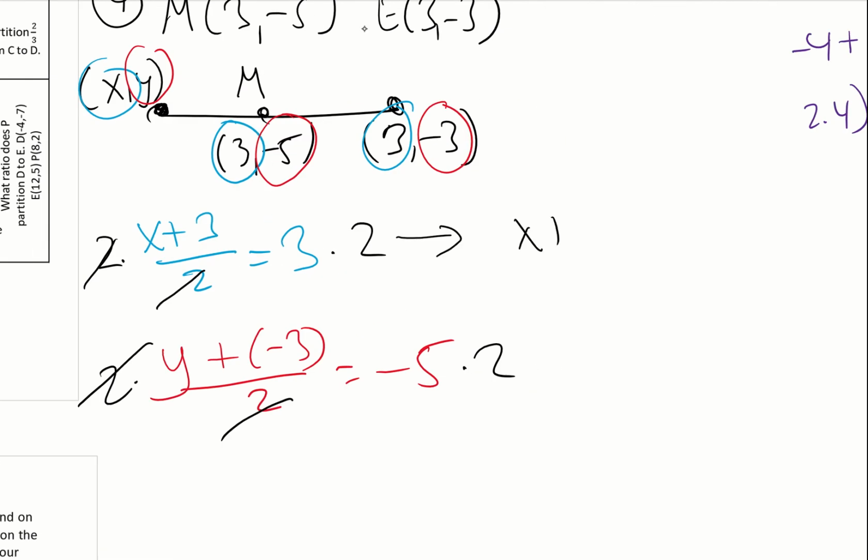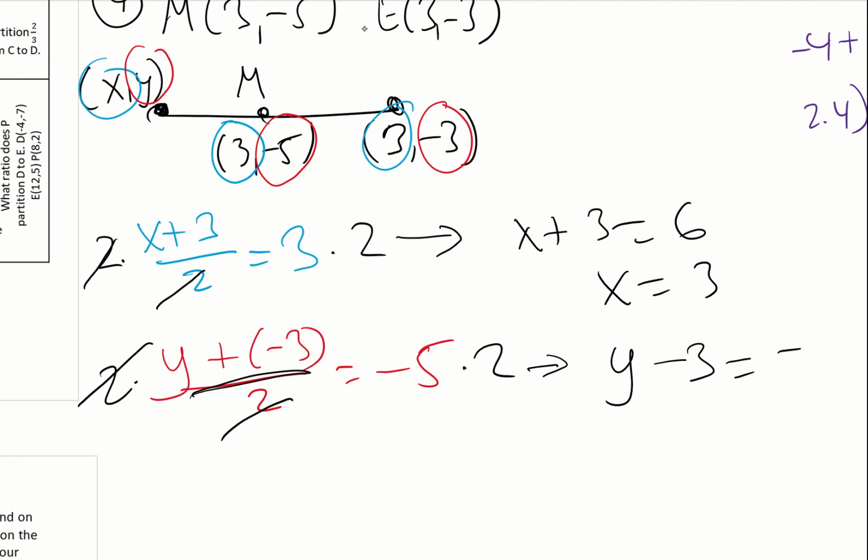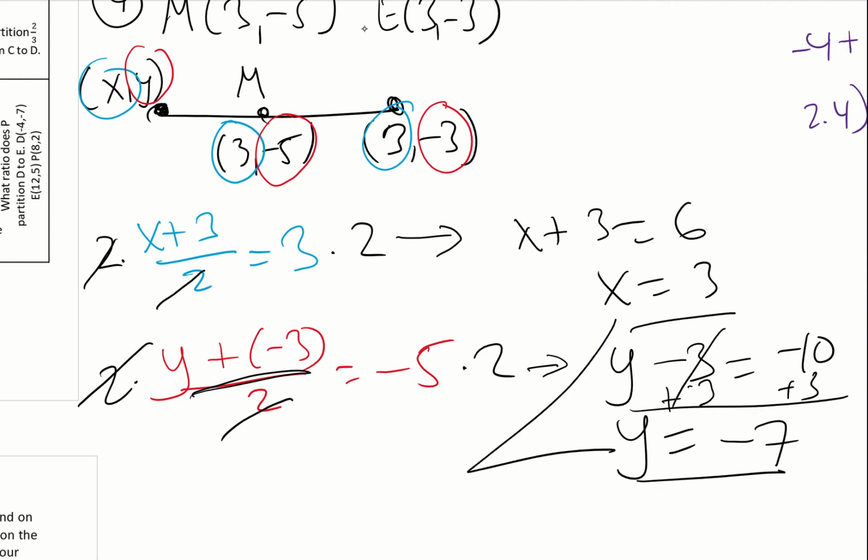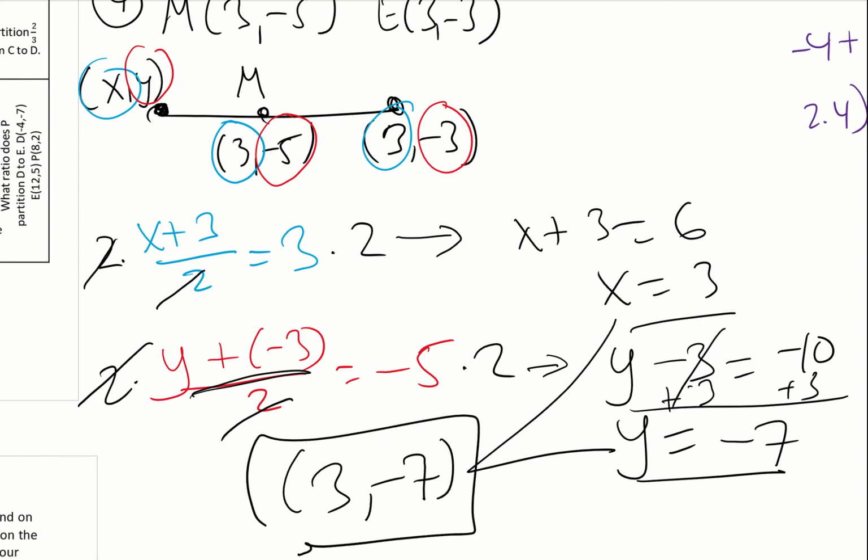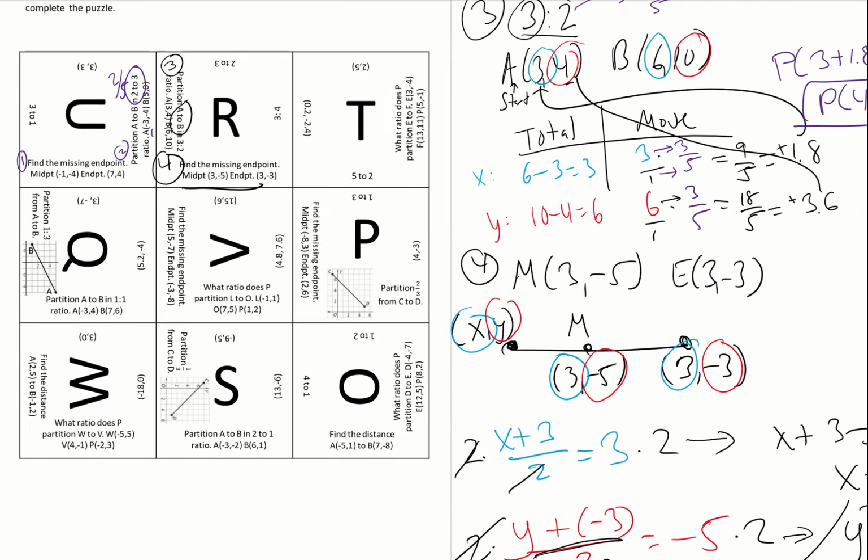So we get x plus 3 equals 6, which means x equals 3. This one is y plus -3, which is the same thing as y minus 3, equals -10, which means y has to equal, add 3 to both sides. So it's going to be -7. Okay, put these together. Your coordinates are 3, -7. Okay, that takes care of number 4.